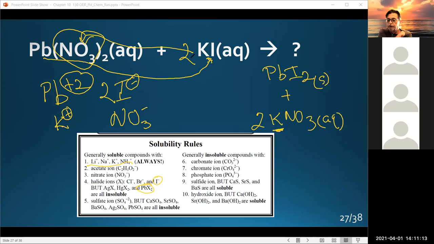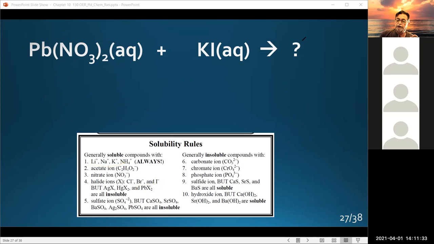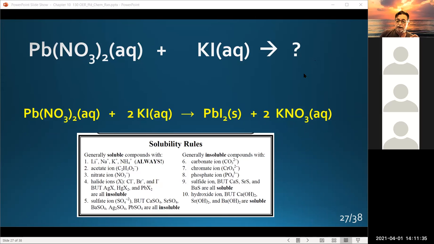When you do that, that kicks up my iodide, but that's okay because by default, I got PbI2. So my iodides are balanced, my lead's balanced, my potassium's balanced, and my nitrates are balanced. So everybody's balanced. And now let me clear my table here and bring in this slide. And we got it right there. Okay. Positive reaction.